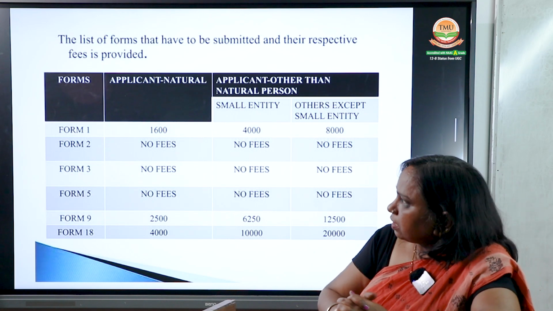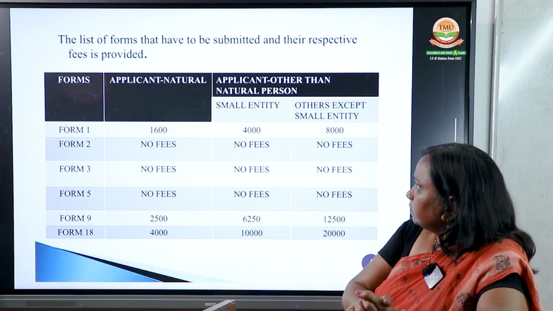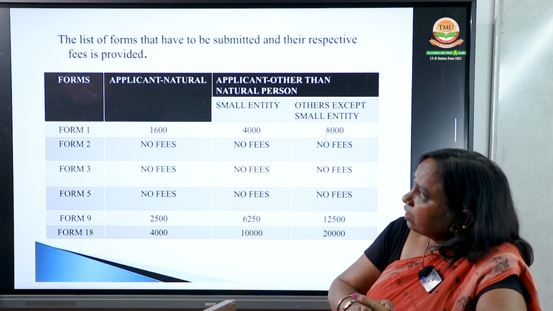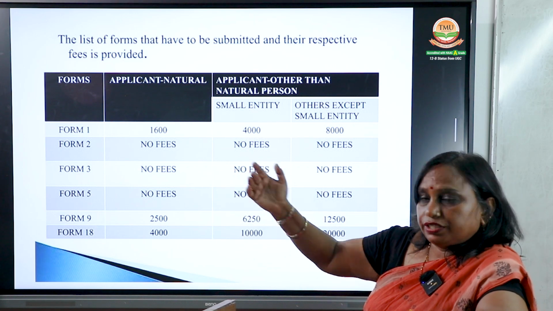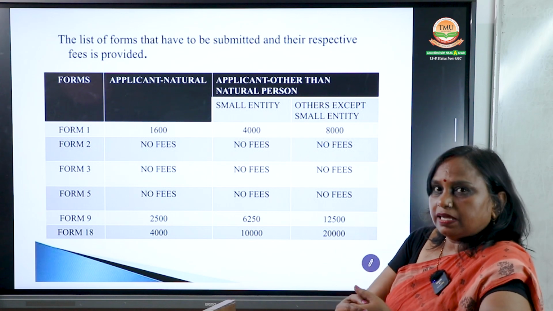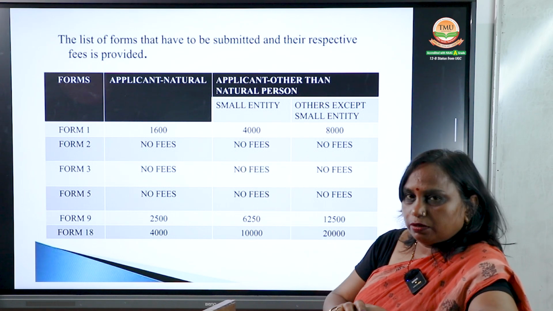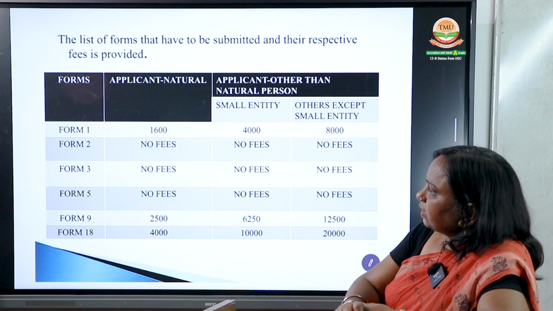Now this is about the fees for the application and payment. So we have form number one, that is, as you know, for the purpose of application for the patent. If the applicant is a natural person like you and me, then the fee is 1600.